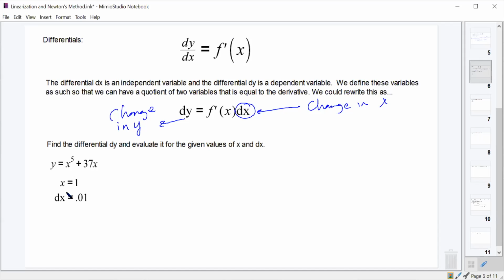Wait, so how did you move the dx? So we're just treating these, dy and dx, as separate variables, dy meaning a change in y and dx meaning a change in x. And we just multiply both sides by dx. You can do that? We can do that when we are talking about very small intervals on which our function is changing.